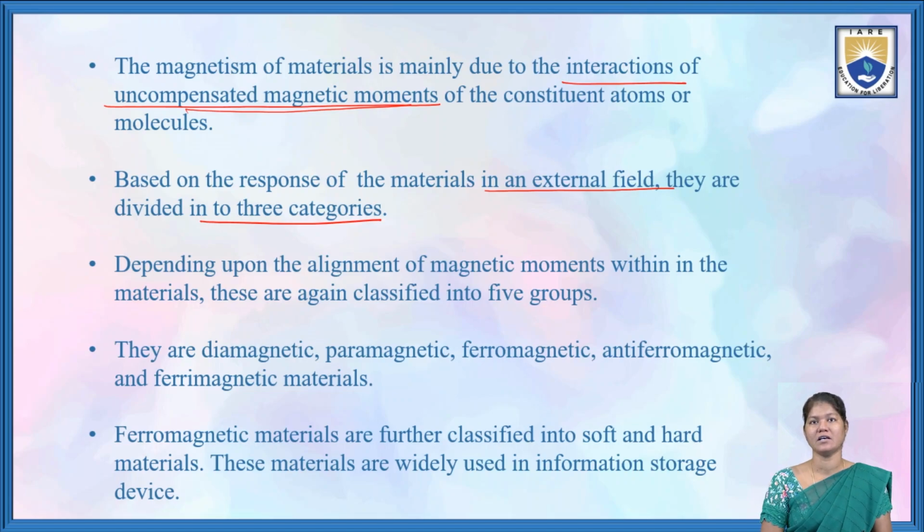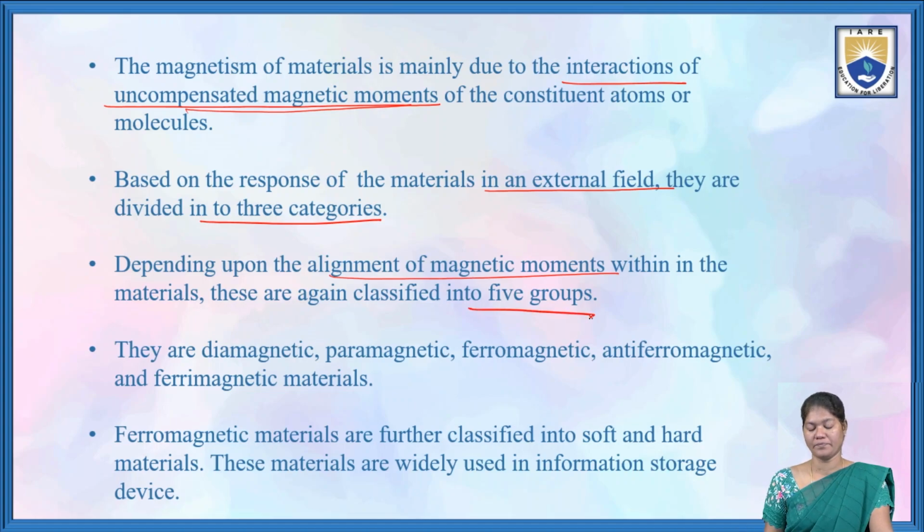Again, depending upon the alignment of the magnetic moments within the materials, they are classified into five groups.